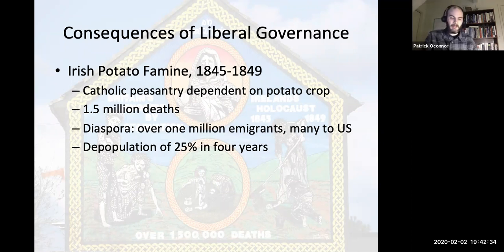Between 1845 and 1849, about 1.5 million people in Ireland died of starvation or of disease brought on by that starvation. And then 1 million more left, emigrated, went to predominantly the United States, some went to Great Britain, to Australia, etc.